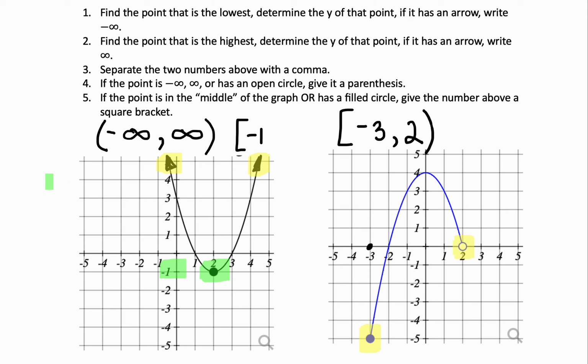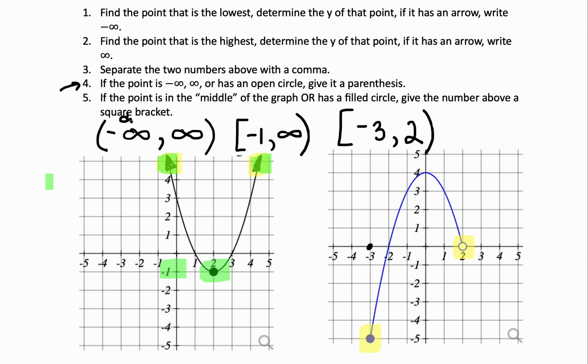The highest point on my graph, well, actually I have two, they're right here. And those points have arrows. If the point has an arrow, we write infinity, and infinity will have a parenthesis because that's what item 4 here says.